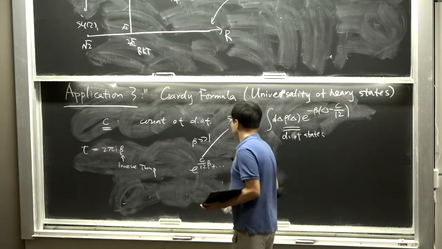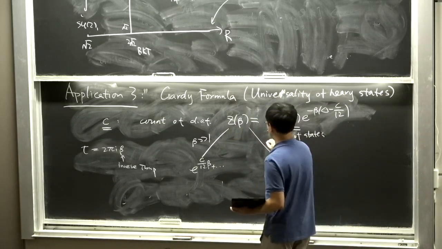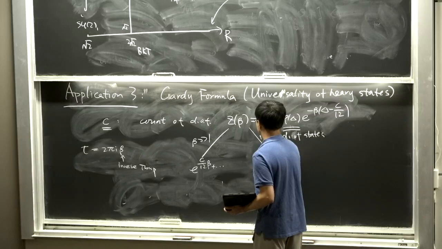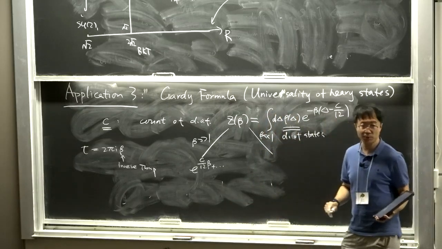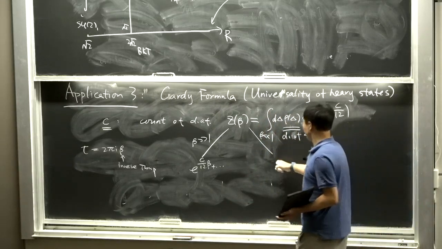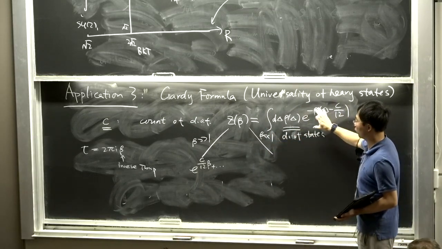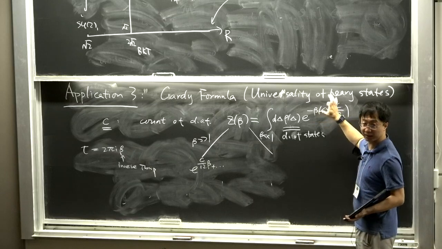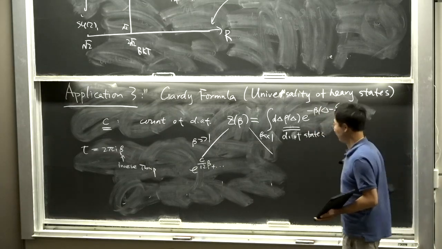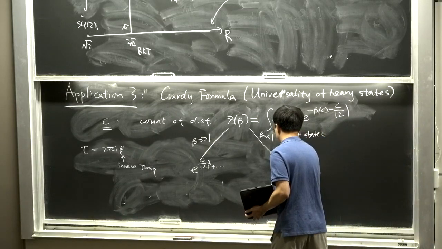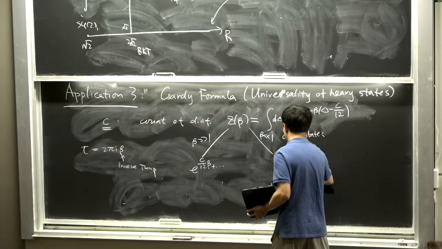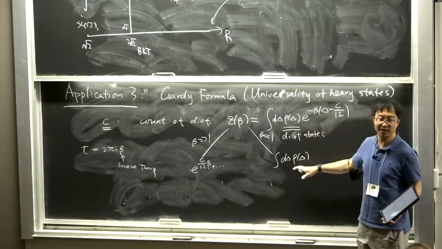On the other hand, if we take the high temperature limit, that corresponds to infinitesimally small beta, okay, then we'll be in the regime where all the high energy states contribute equally, because this weighting factor goes away. And in a rough approximation, this will be a count of the states in the system.